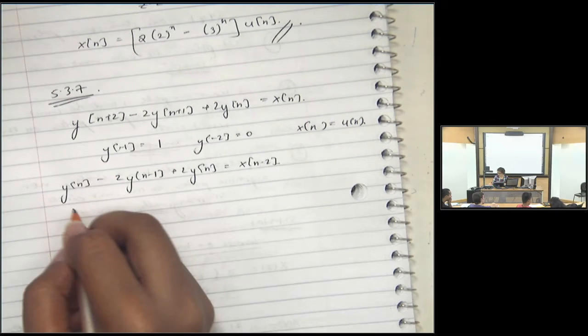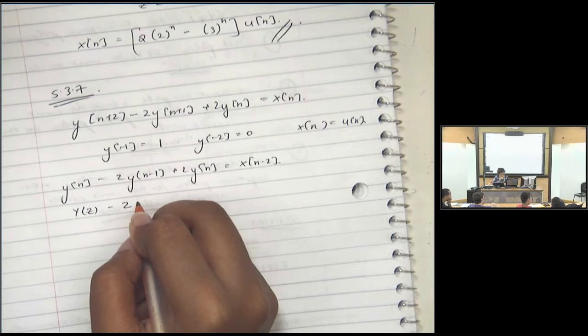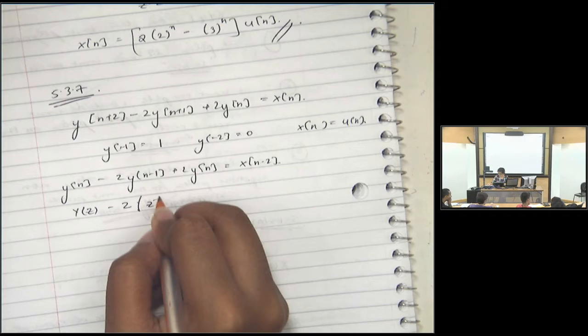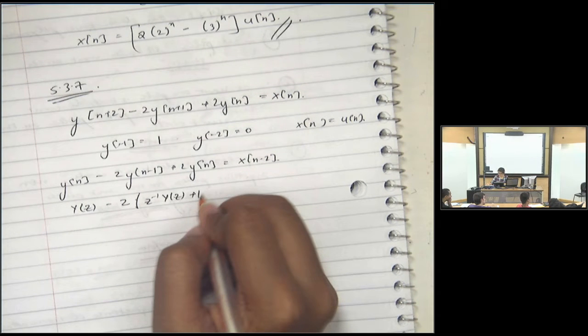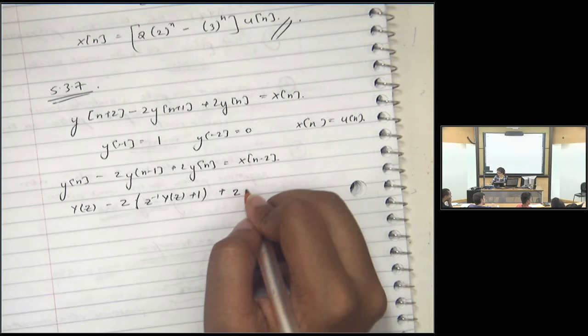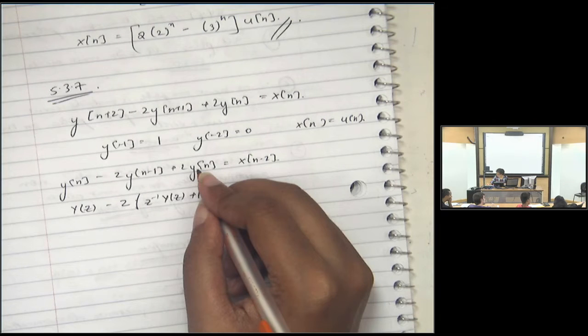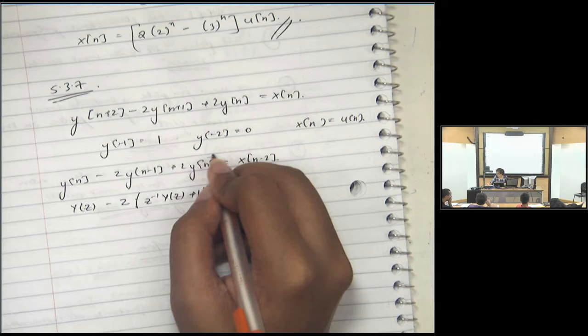So you'll have Y of Z minus 2, plus the condition, plus 1, right? And 2 times, oops, this should be minus 2. You should correct me if I make those mistakes.